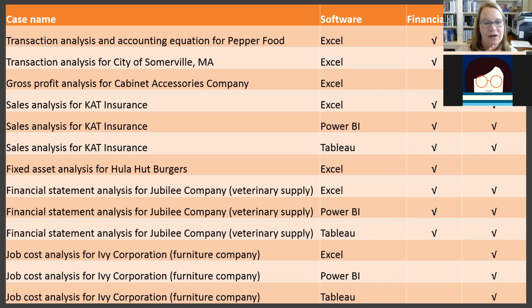We have the sales analysis in Excel, Power BI, and Tableau. I love to do this fixed asset analysis case for Hula Hut Burgers in Excel when I cover property, plant, and equipment in financial accounting. And then we've got Jubilee and Ivy in all 3 softwares, Excel, Power BI, and Tableau.